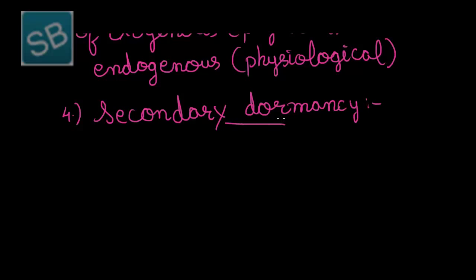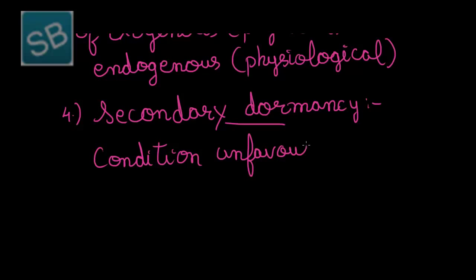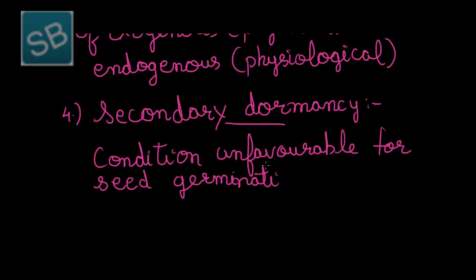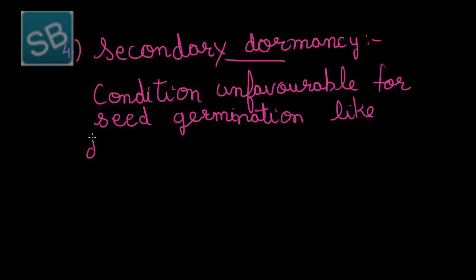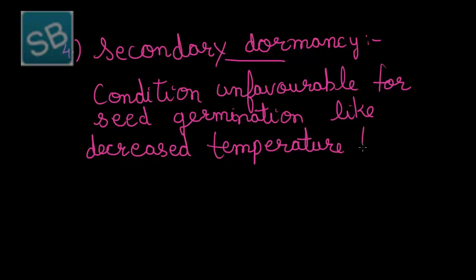This type of dormancy occurs when the condition is unfavorable for seed germination, like decreased temperature, that affects the secondary growth, and leads to the condition of secondary dormancy.